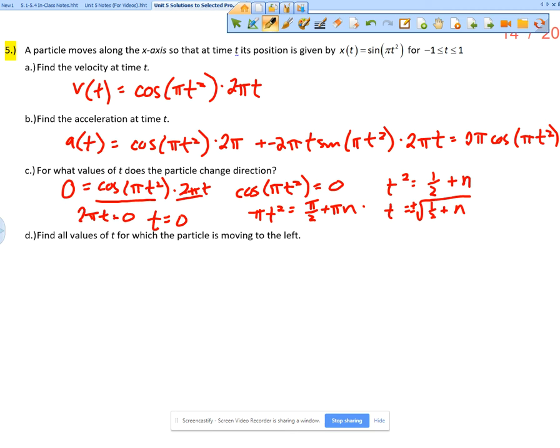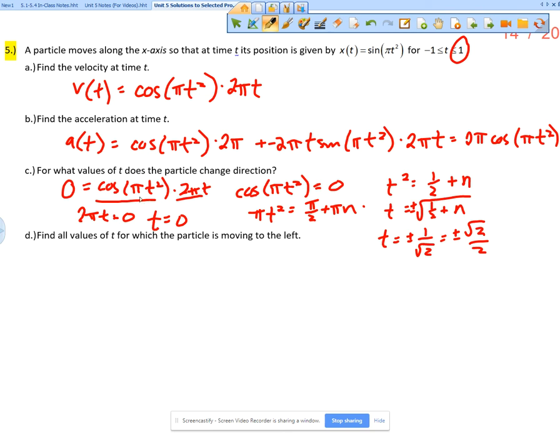So n is any integer. What does that mean? Well, if n is 1, I have 1/2 plus 1, so that would be 3/2. The square root of 3/2 is larger than 1, so that's out. So really just plus or minus square root of 1/2, which you could rewrite as 1 over root 2, or plus or minus root 2 over 2.